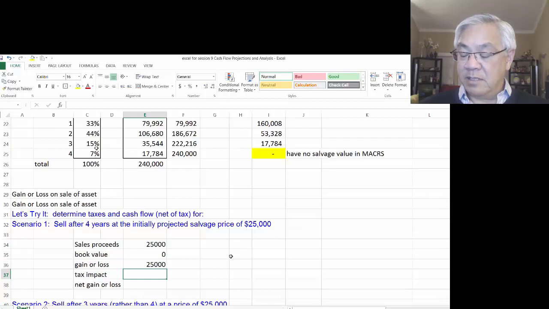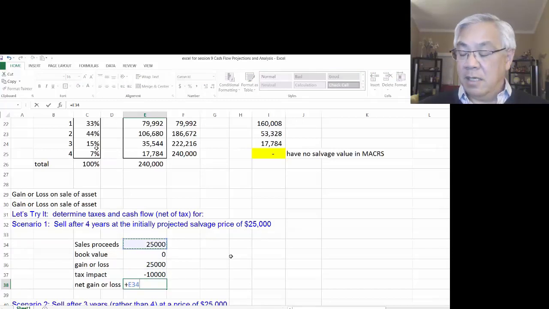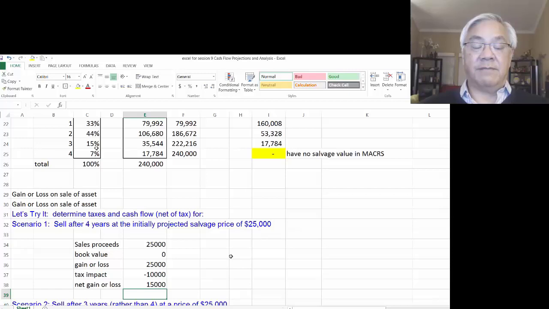The tax impact is 0.4 times that, and this is minus 0.4 times the amount of gain. So we'll pay $10,000 of tax. So net gain or loss would be the amount of money we got, the sales proceeds, minus the taxes that we pay, and we'll net $15,000.